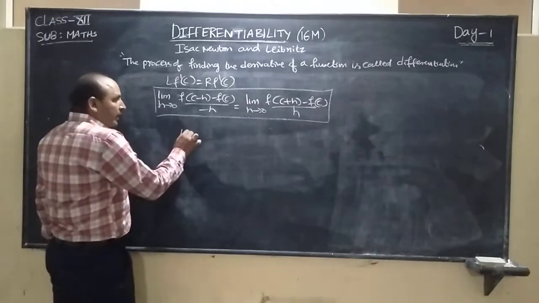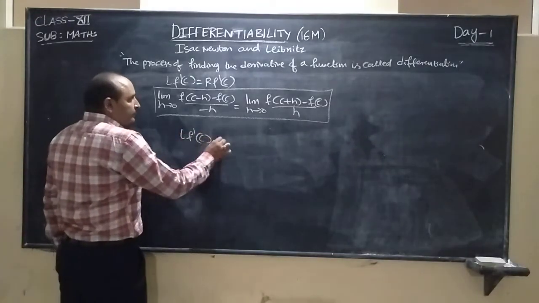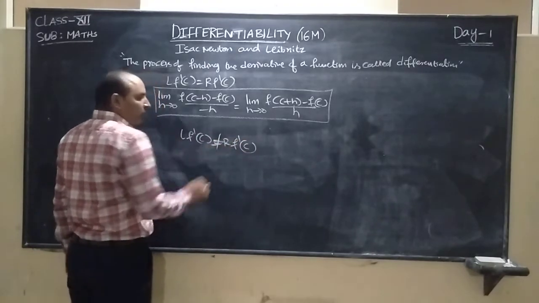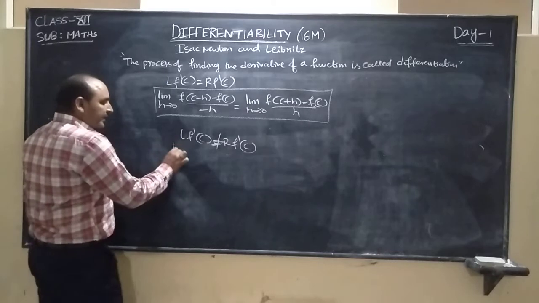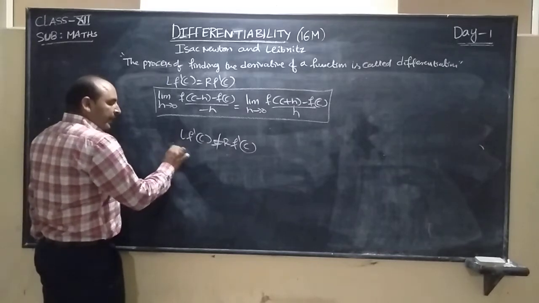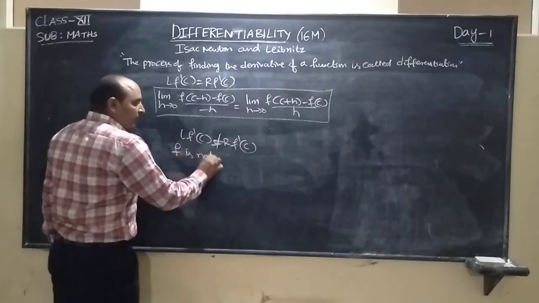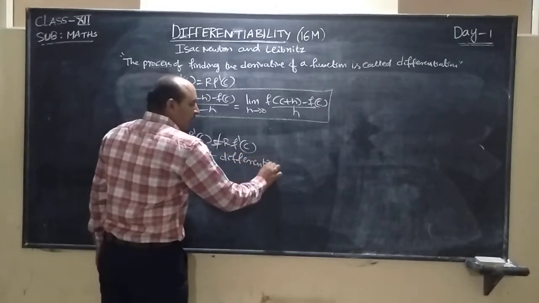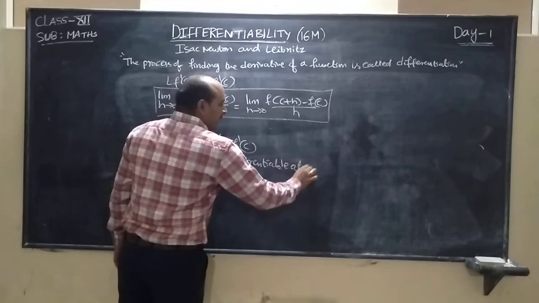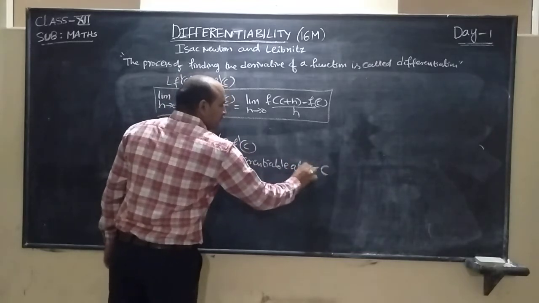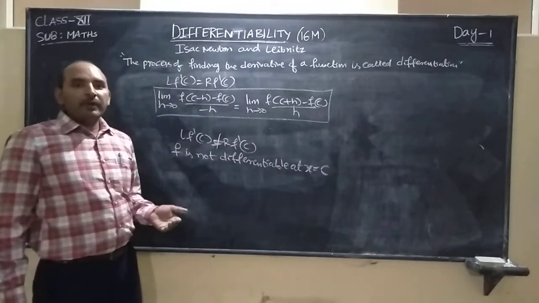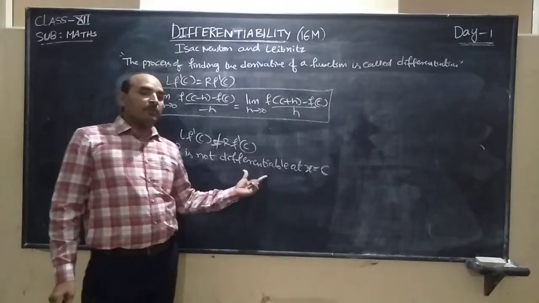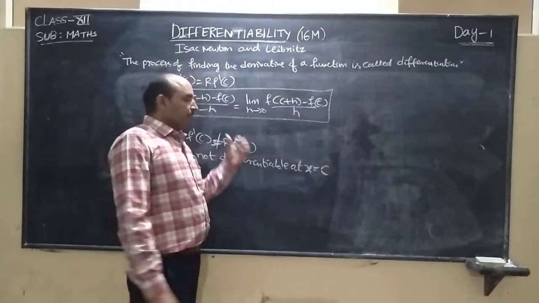For suppose the left derivative at x is equal to c and the right derivative, if both values are not equal, you can say f is not differentiable at x equal to c. Similarly, for the derivative of the function f at x equal to a, you can say f is not differentiable at x equal to a.